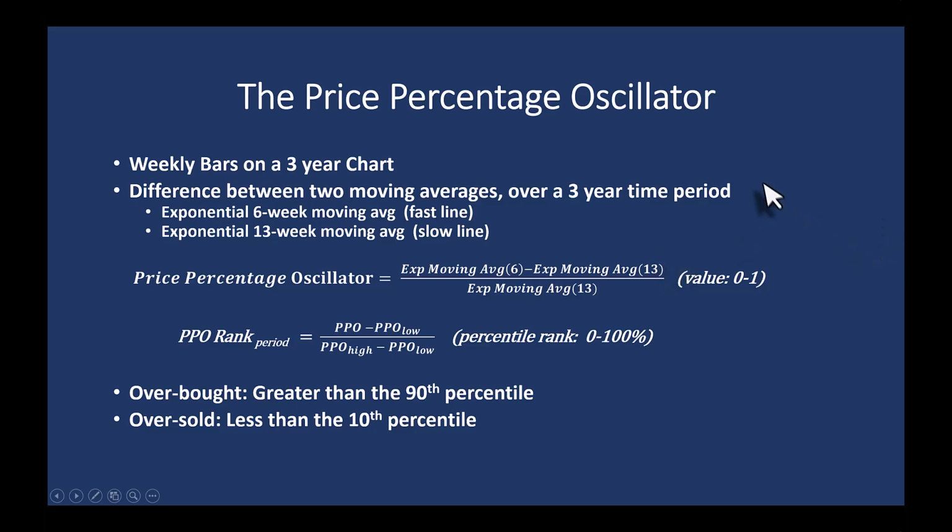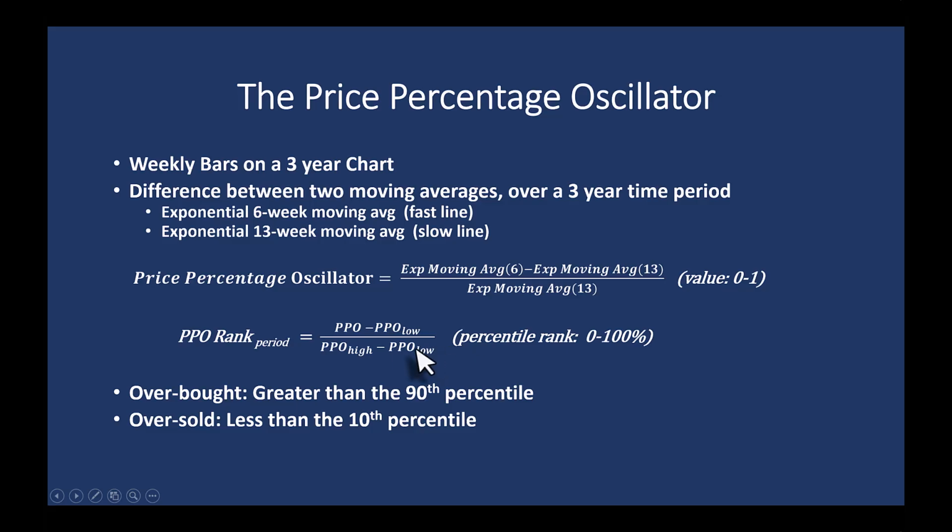The next thing that's significant about the PPO is if you're looking at this thing over a period of time, and just pick a period, whatever it is, and during that period, if you take the difference between the current PPO figure and you subtract it from the lowest PPO figure that you can find over that same period, and you divide it by the difference, you're going to end up with a ranking.